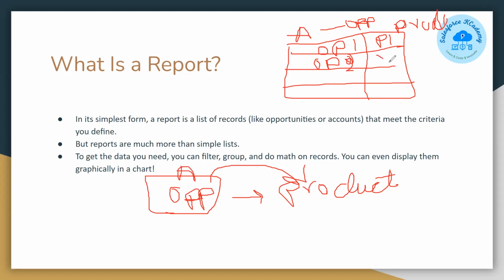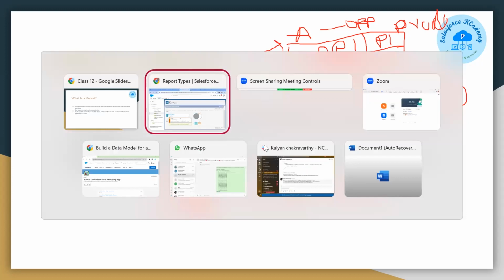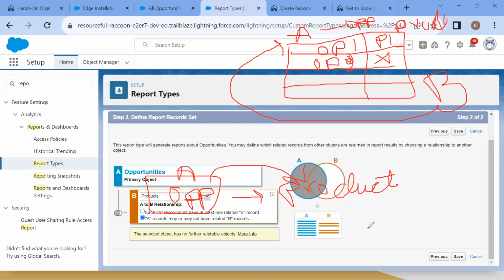In that case, there is no object B related with object A. If you want such kind of reports, then you have to select the second button: A records may or may not have related B records. It means if I select the opportunity A, then the product can be there for the opportunity or may not be there. In that case, you can select the second option.